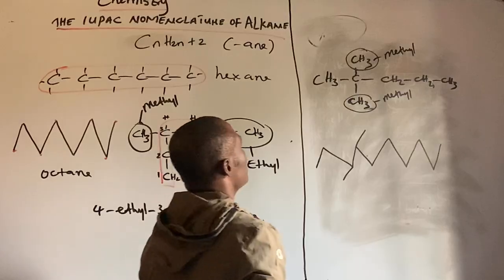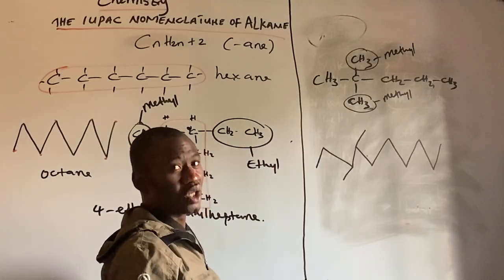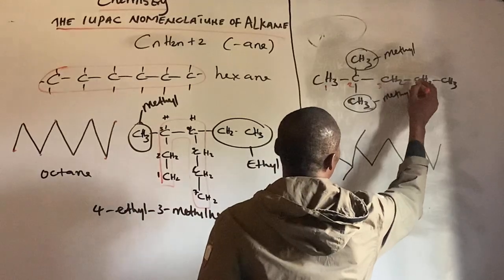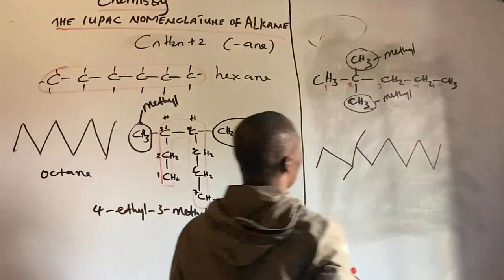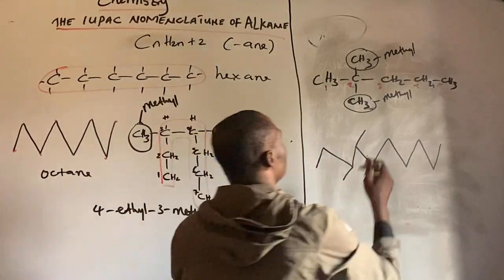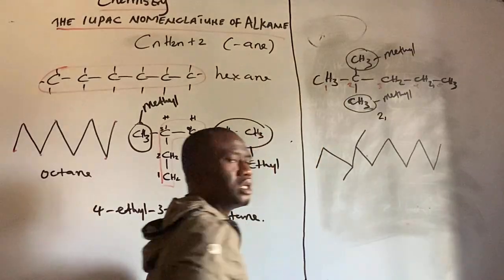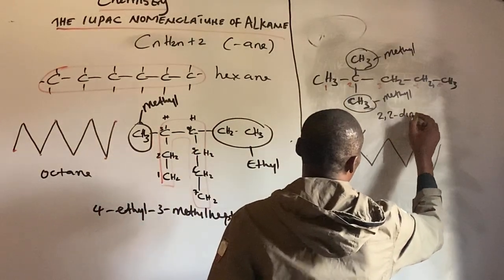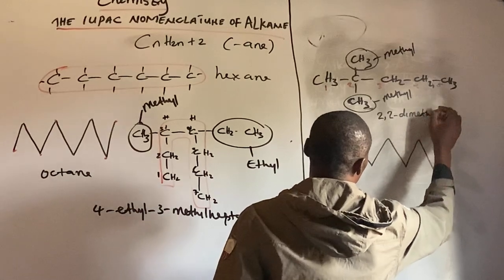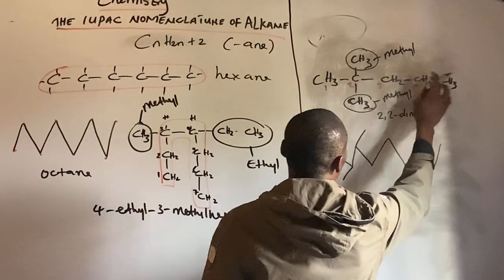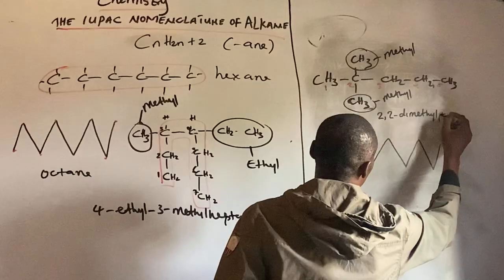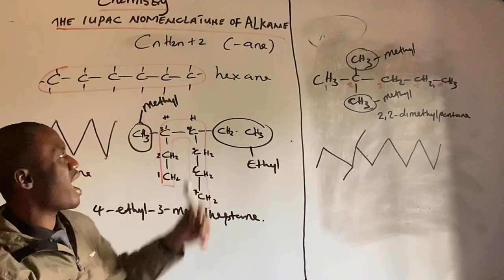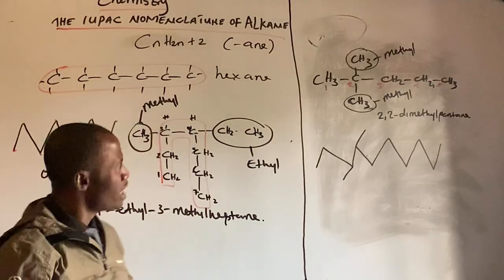What you do is give the methyl the lowest number. So we have 1, 2, 3, 4, 5. So what we have here is 2,2, comma separating the numbers, 2,2-dimethyl. How many carbons are there? 1, 2, 3, 4, 5. Pentane.